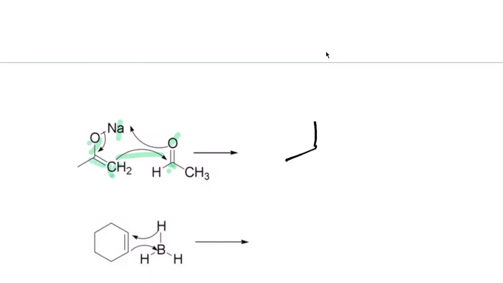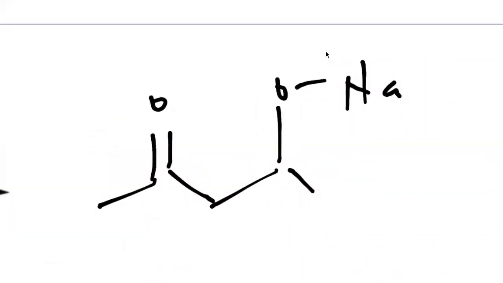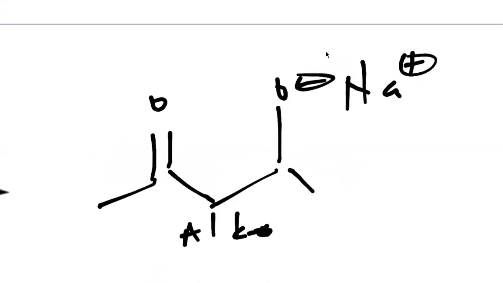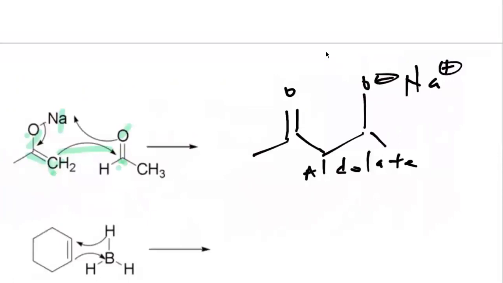So that product will look like this. Yeah, that's right. This is an example, you're going to see this again. It's called an aldolate, right? It's an intermediate in an aldol addition.